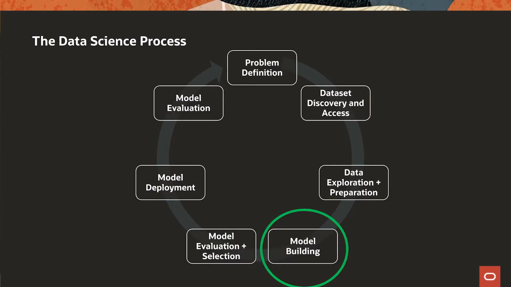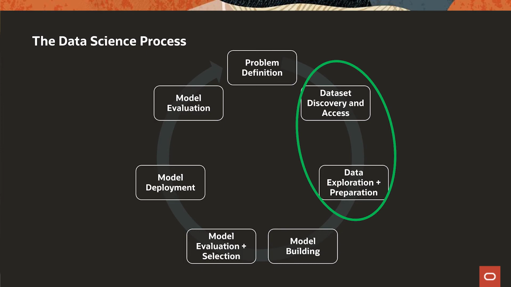Now you may think, okay, let me take some data and just train a model on it. Well, it's not exactly that easy. There's a process behind data science, and building a model is just one of the steps, as I mentioned. Because before you can build your model, there are various steps around data access and getting the data ready for training. Machine learning is all about data, so the success of any initiative will largely depend on the availability of the right data sources.